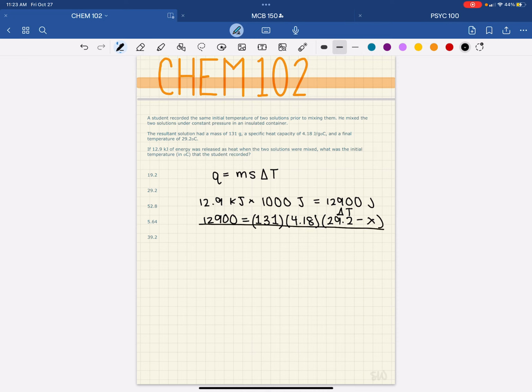So the first thing I'm going to do is divide both sides by 131 and 4.18.